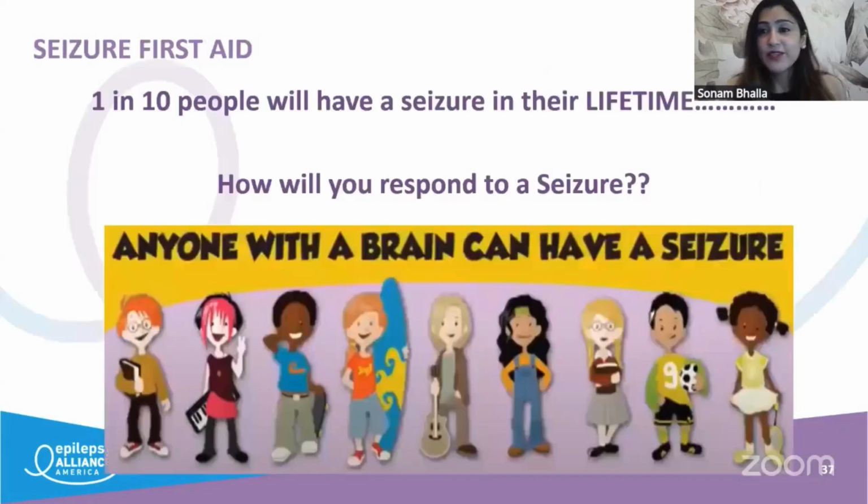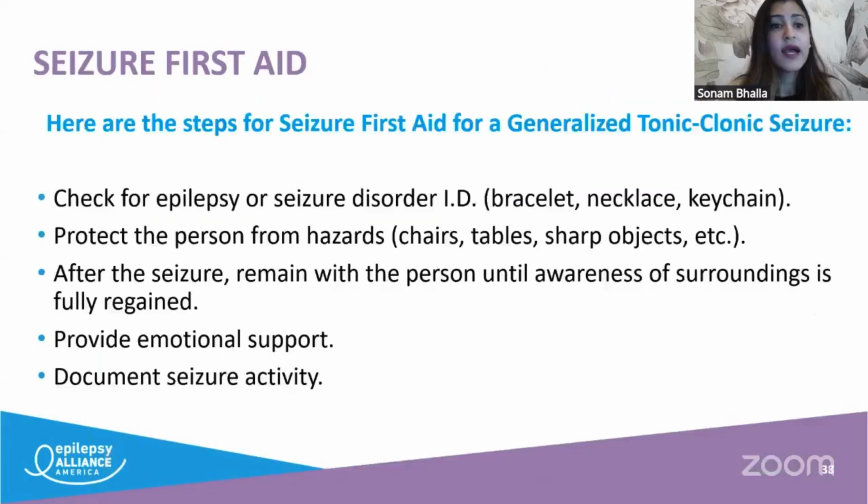So now coming to see what we can do to help someone who's having seizures, right? Like 1 in 10 people will have a seizure. So how can we respond? First thing is just understanding that you want to distinguish, is this someone who already has epilepsy, or is this a new seizure?